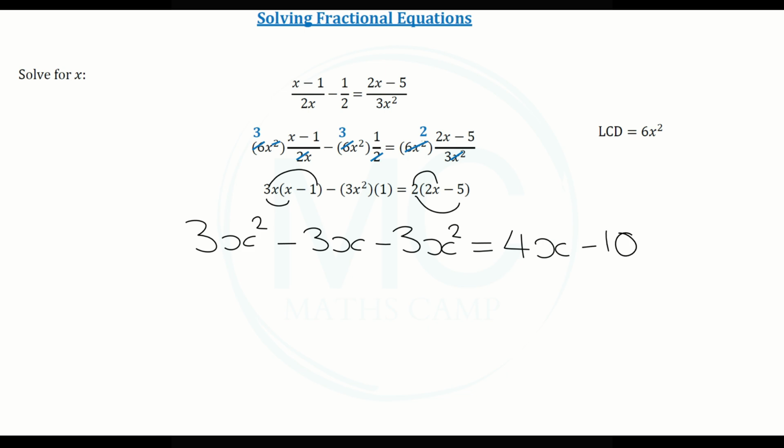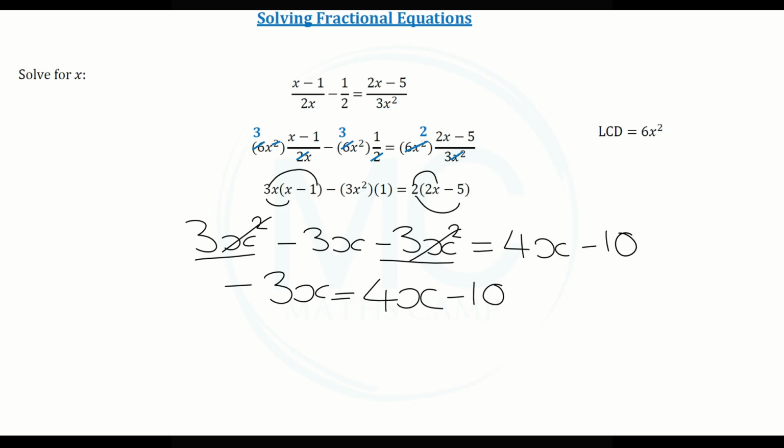On the left-hand side of the equation, we have 3x squared minus 3x squared. These two will cancel, and we're left with negative 3x is equal to 4x minus 10.